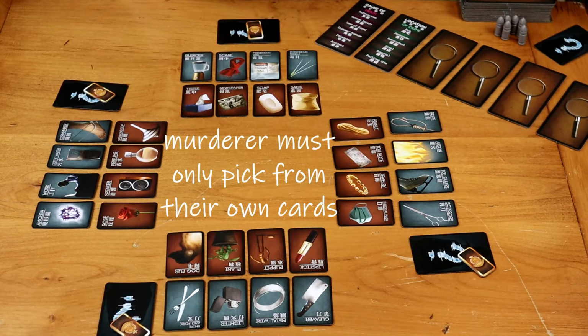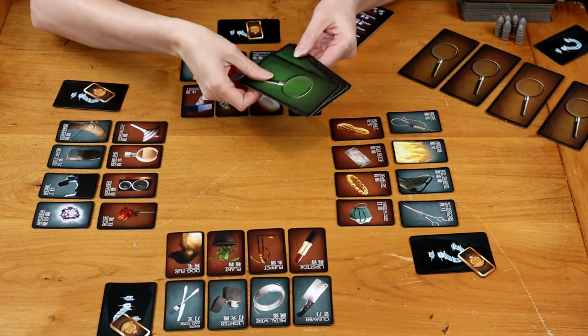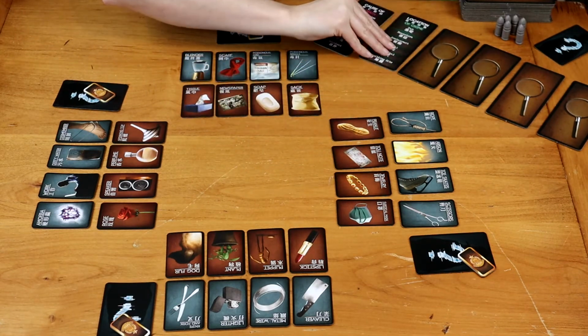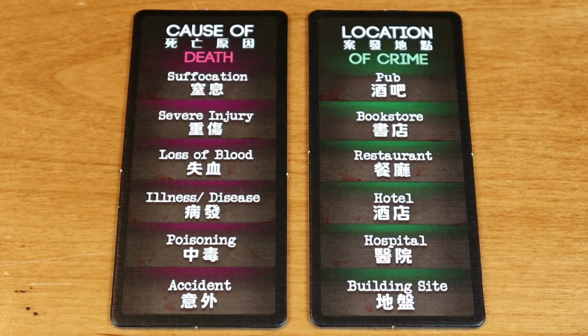Once the forensic scientist knows who the murderer is and has identified the 2 cards, they ask the murderer to close their eyes and then wake everyone up, keeping that murderer identity secret. No one at the table other than the murderer and the forensic scientist should know who the murderer is. The forensic scientist is going to shuffle up these 4 location cards and select one, placing it next to the cause of death card.